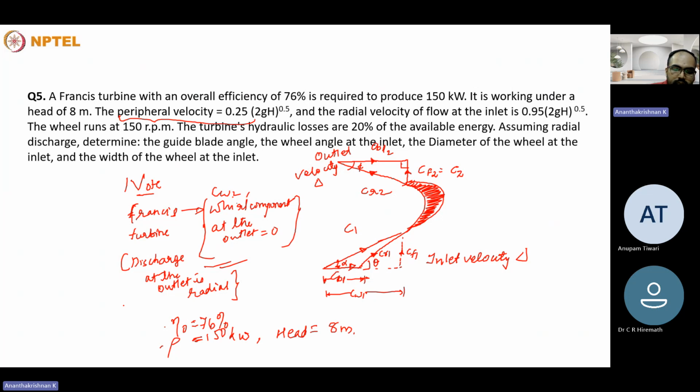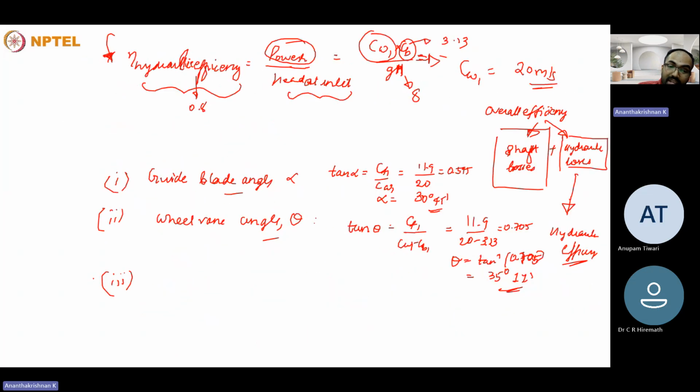We need the velocity, and then we need the flow rate. So basically, in this case, it's just RPM. For the width, we can calculate everything by flow rates, and similarly the same process using the shaft efficiency.